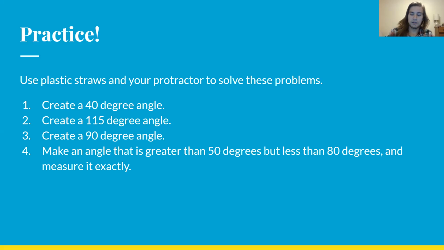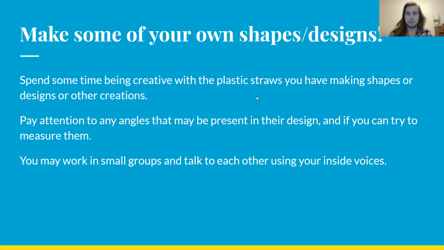And then the other activity after is we're going to have you spend a little bit of time making your own shapes and designs with these plastic straws. This is a broader application. You just make whatever shapes you want, but something to pay attention to is that these straws are going to be like lines or rays.